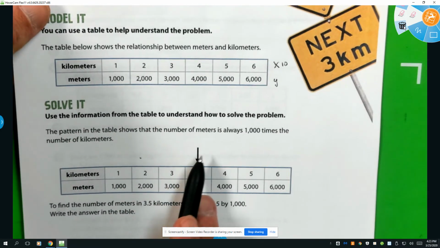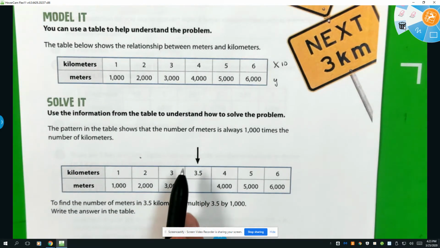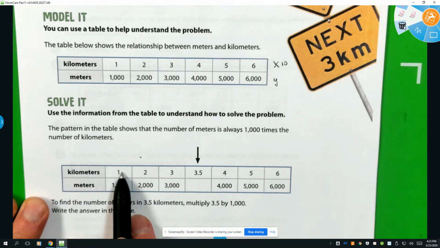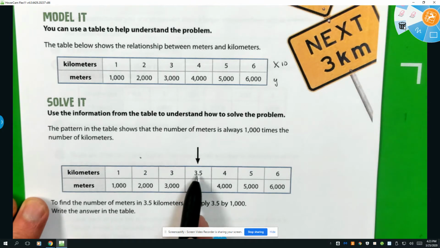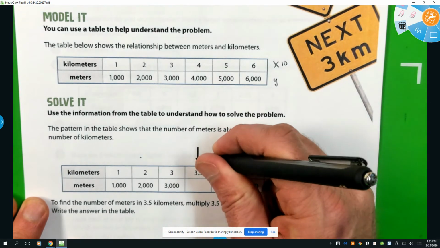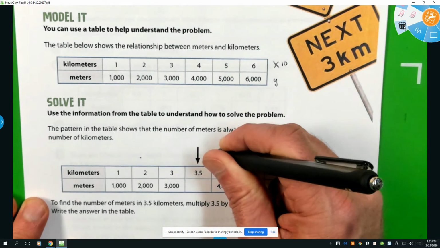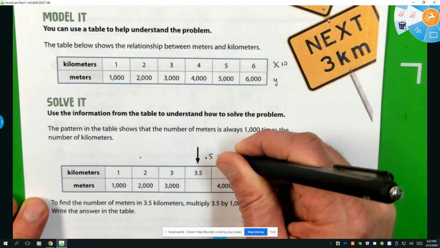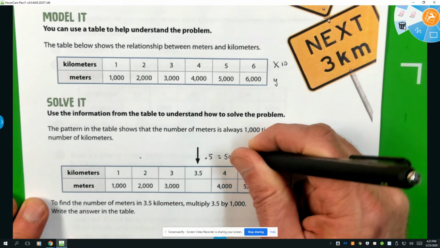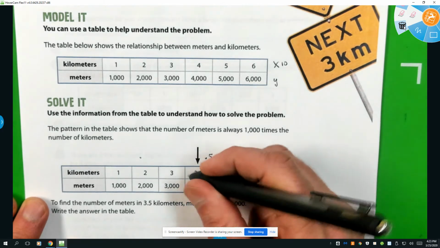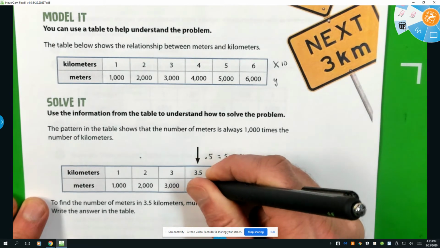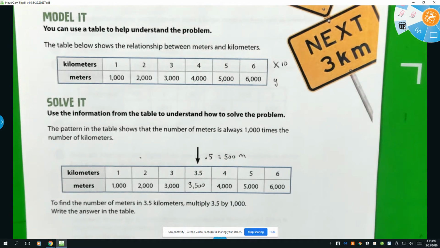Use the information from the table to show how to solve the problem. So now they went 1 to 1,000, 2 to 2,000, 3 to 3,000. Then they threw that little half in there. And we remembered that a half a kilometer equals 500 meters. So therefore, 3.5 kilometers is 3,500 meters. Doing good? I hope so. All right. Pause if you need to.